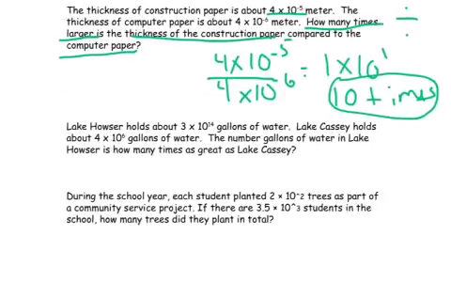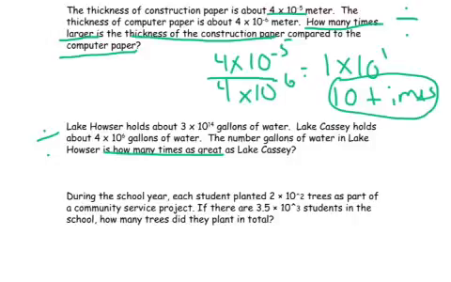Next one. Both of my values are in scientific notation, and the question states how many times as great. Once again, we are going to divide. The number of gallons of water in Lake Cassie is how many times as great, or Lake Hauser compared to Lake Cassie.